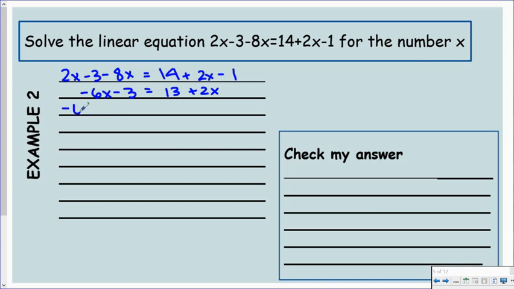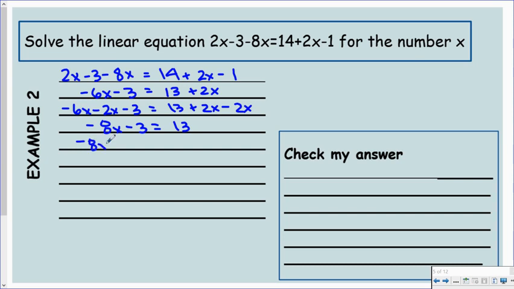So I have negative 6x minus 2x minus 3, and then 13 plus 2x minus 2x. So that's going to zero out the x's there. Negative 6x minus 2x would give me negative 8x minus 3, and then I'm just left with 13. Okay, now I'm going to add 3 to both sides so I can get my constants together.